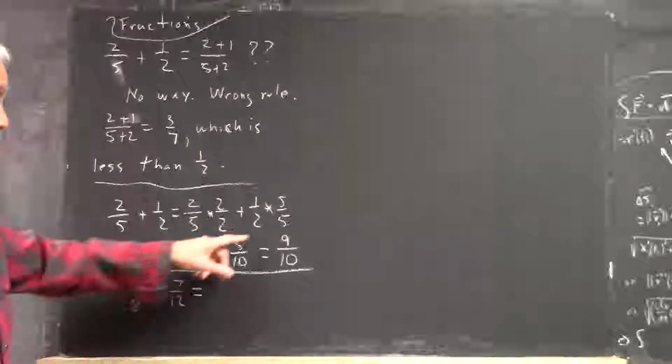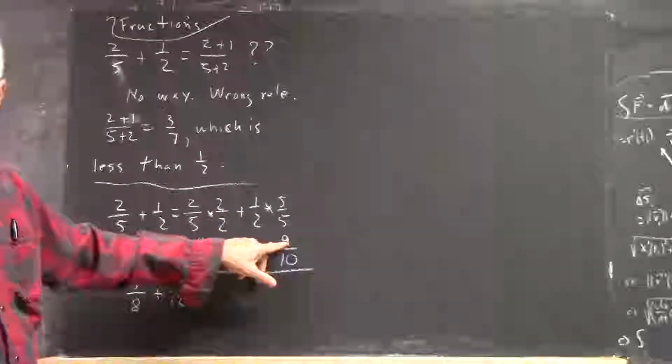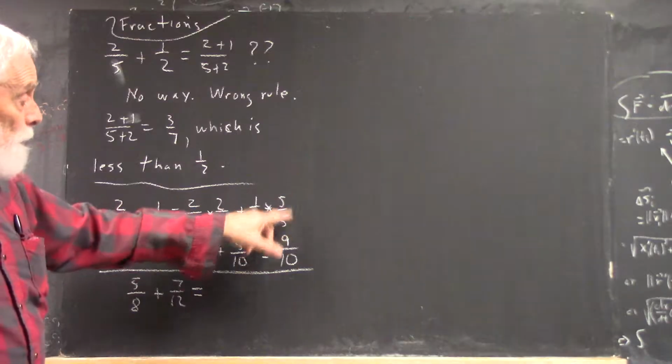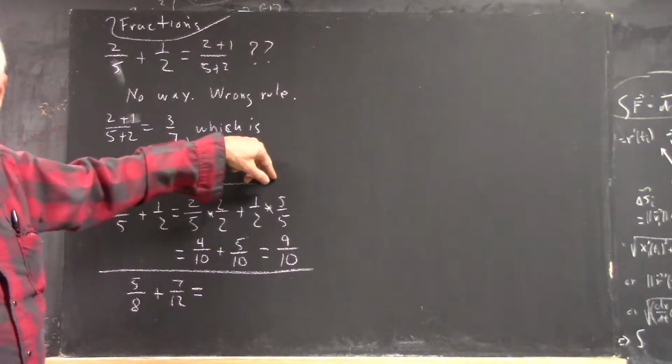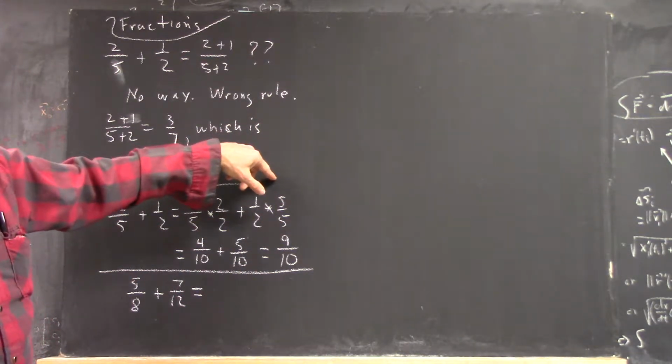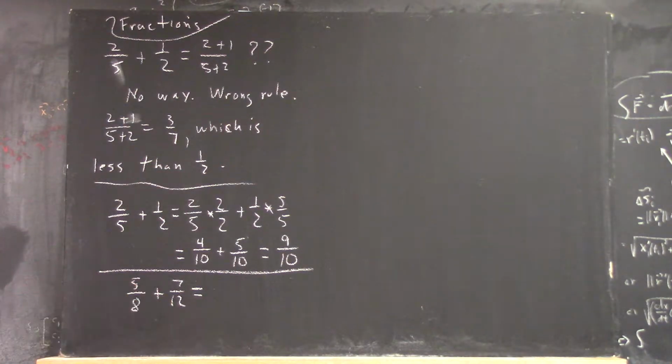And then I'm going to have 2 times 5 here. These are going to end up the same. And so I multiply by 5 over 5. Because whatever I multiply the denominator by, I've got to multiply the numerator by. We get to 1, as you saw. So I could do this very easily.